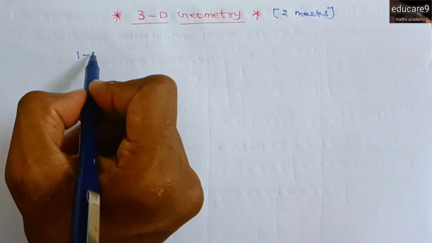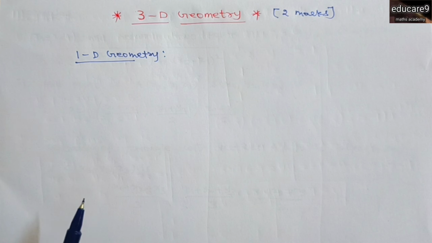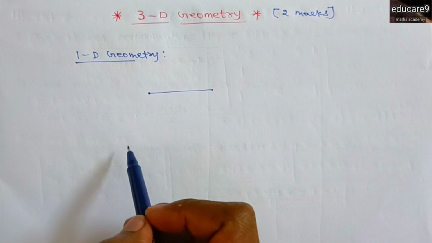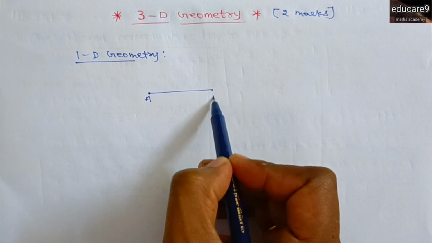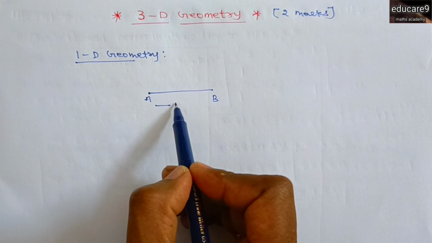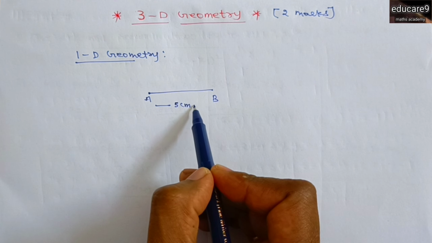First, one dimensional geometry. One dimensional geometry means it is having only length or breadth. For example, we can consider a line or line segment AB. Clearly it should have some length, 5 centimeters.